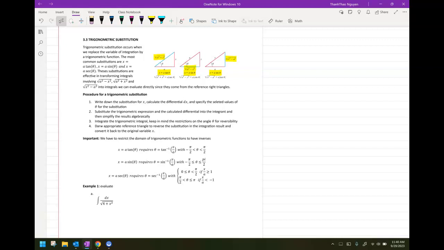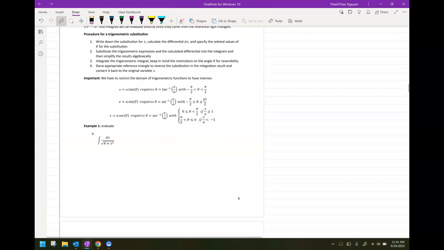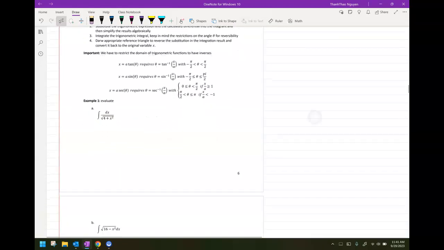Integrate the trigonometric integral, keeping in mind the restriction on the angle theta for reversibility. Draw the appropriate reference triangle to reverse the substitution in the integration result and convert it back to the original variable x. So we have to restrict the domain of the trigonometric function to have the inverse.